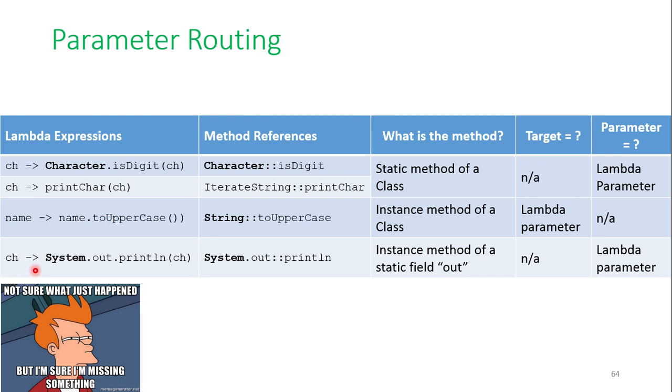The ch parameter from the lambda is not going to be used to call a method on it. It's going to be used as a regular parameter for a method. The notation System.out colon colon println looks the same, okay? So it's an instance method, which is the second type of method we considered. The syntax looks really like the first example we considered. So what's going on here?